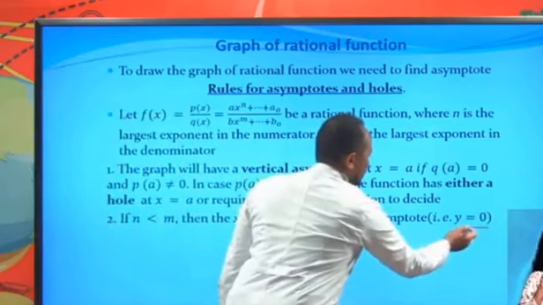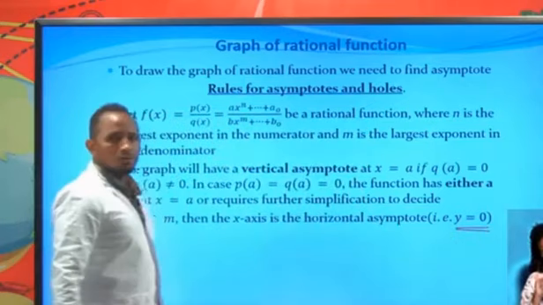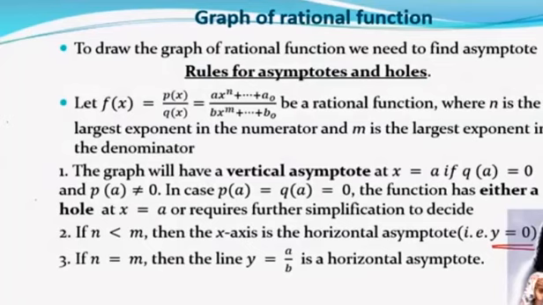In this case, the value of x that makes the denominator 0 is x equals negative 2. That number cannot make the numerator 0. So the vertical asymptote for this expression will be x equals negative 2.